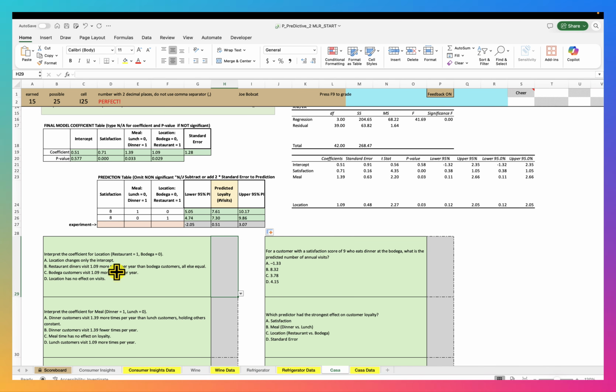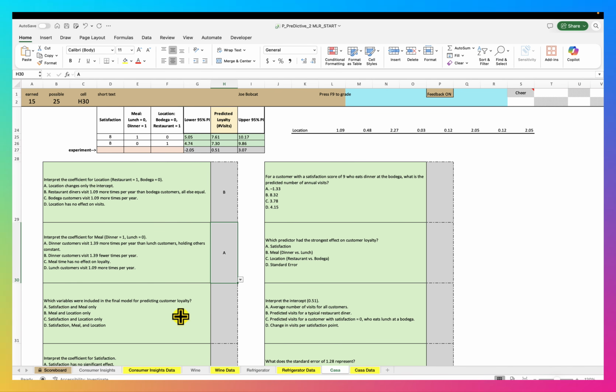So restaurant diners visit 1.09 more times per year than bodega customers. All things being equal, that's B. For meal, okay, it's 1.39, so if it's dinner, it inspires more loyalty. So dinner customers visit 1.39 more times per year than lunch customers. That's A.